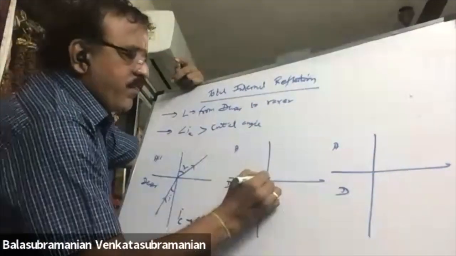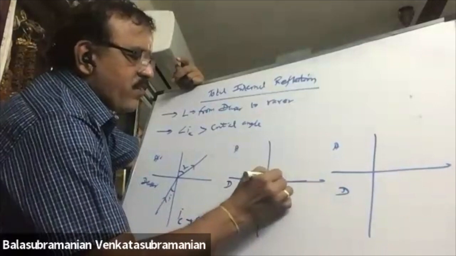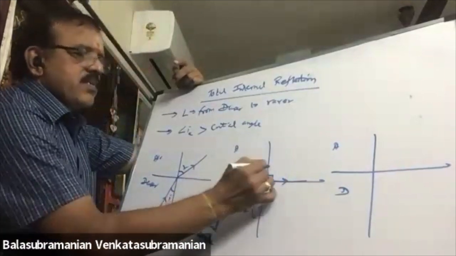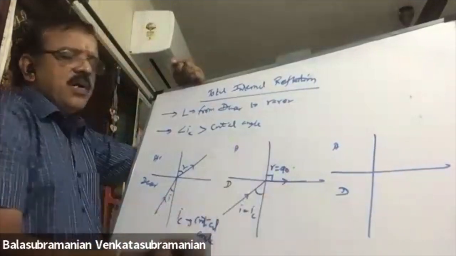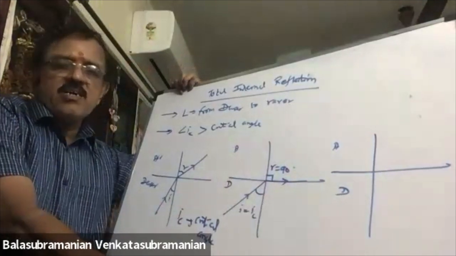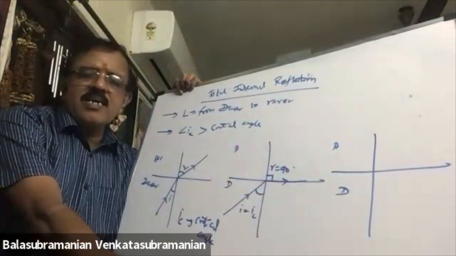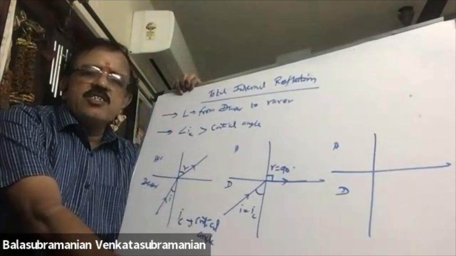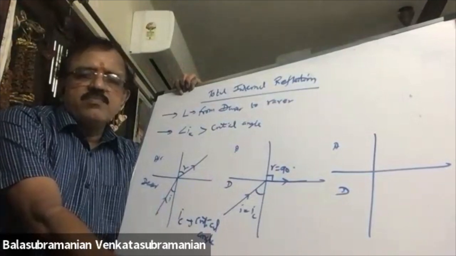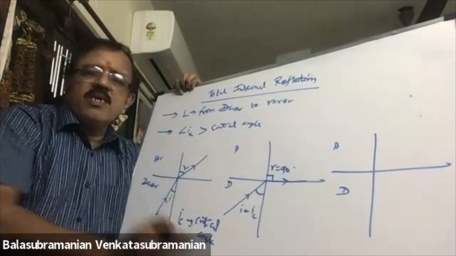So after refraction, it grazes the surface. Grazes means R is equal to 90. At the critical angle, the refracted ray is perpendicular to the normal.